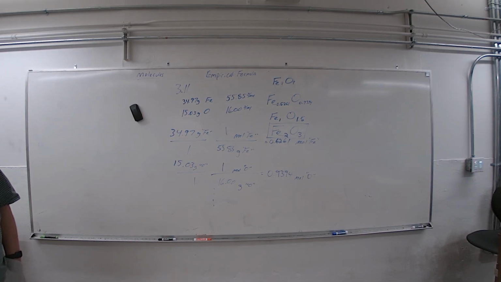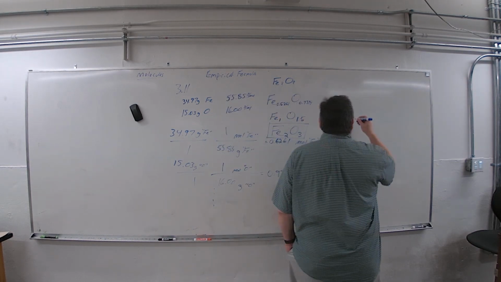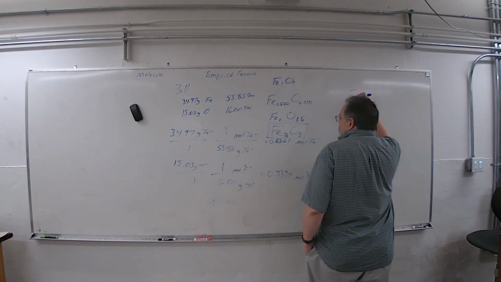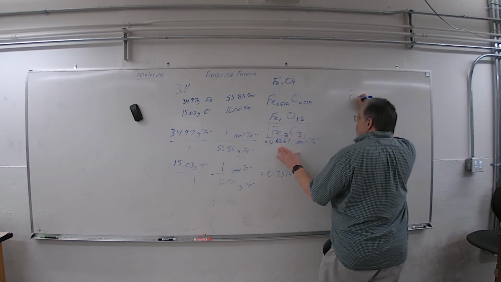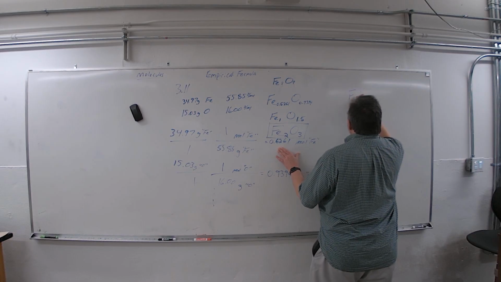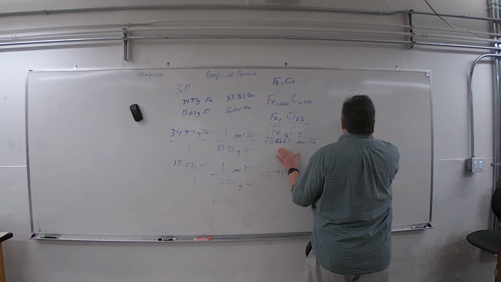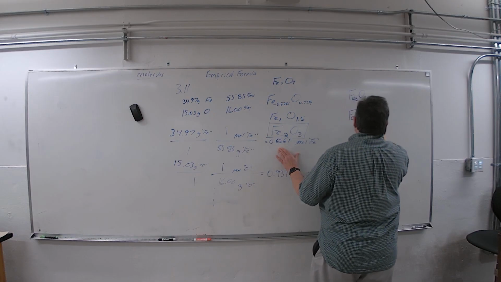Because this is an ionic compound, I'm not going to say this, but you could. It's kind of silly, it really doesn't make sense with ionic compounds, but this empirical formula means it could be this in my sample based on this analysis, but I might have had to multiply everything up by 2.